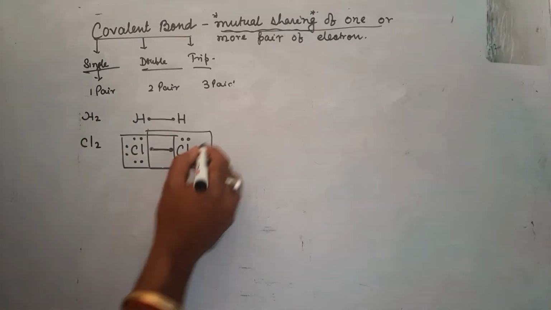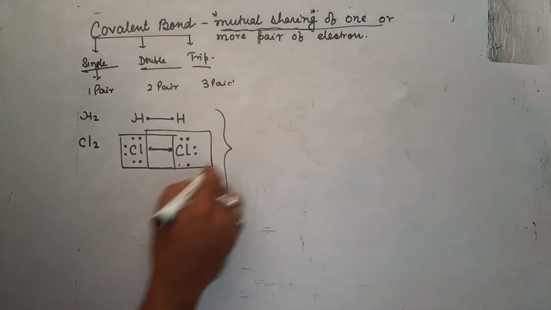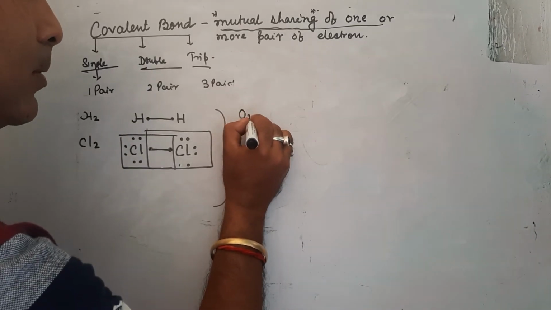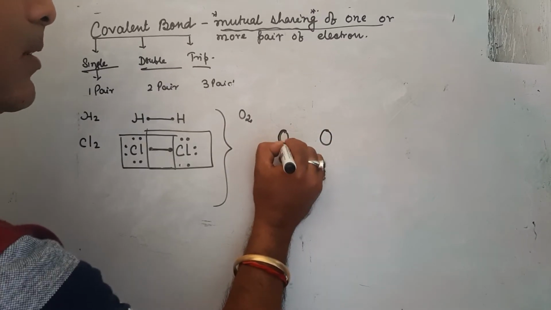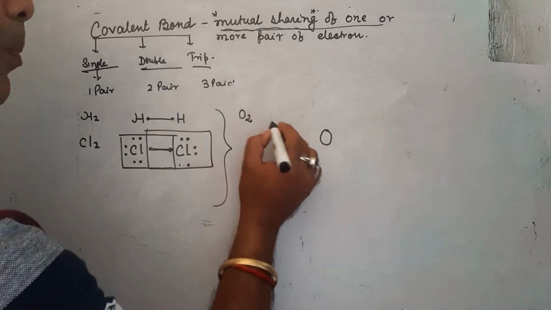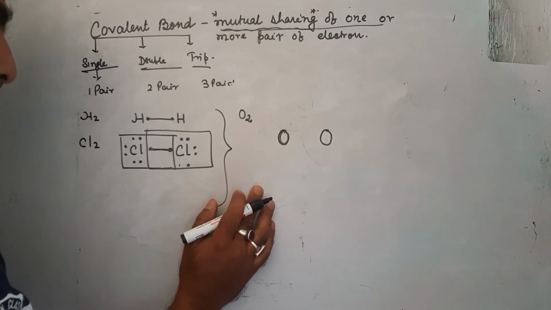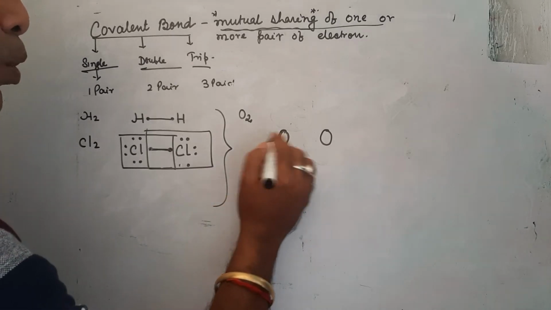Now double means two pairs of electrons are shared. If I consider oxygen, O2, one oxygen and a second oxygen. The atomic number of oxygen is 8, that means 2 and 6.